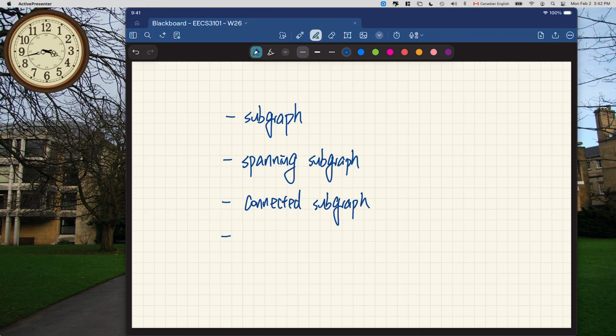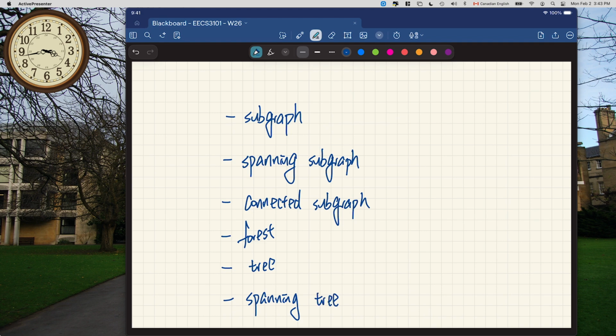After that, we're going to talk about what a forest is. And after a forest, let's talk about what a tree is. Then after that, we're going to talk about what a spanning tree is.